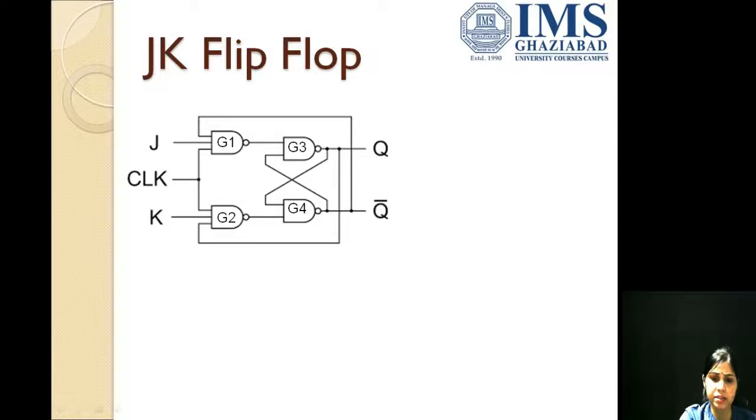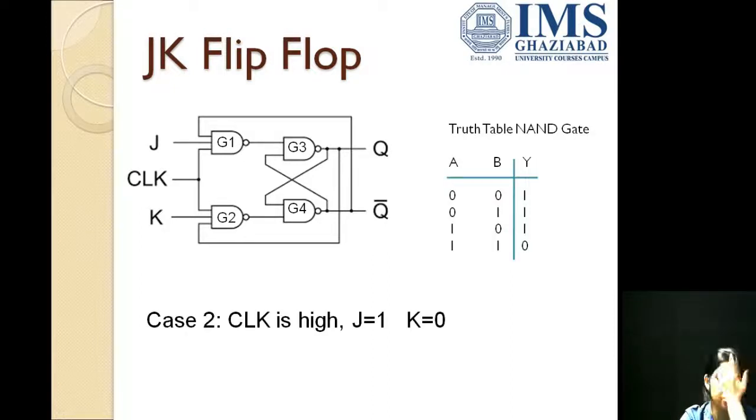Now, let us consider case 2 when the clock is high, and say let us assume J is 1 and K is 0. The clock is high, J is 1, K is 0. And let us assume that the previous output Q was 0, and Q bar was 1.